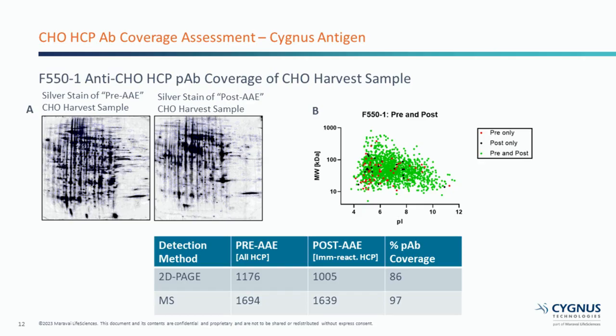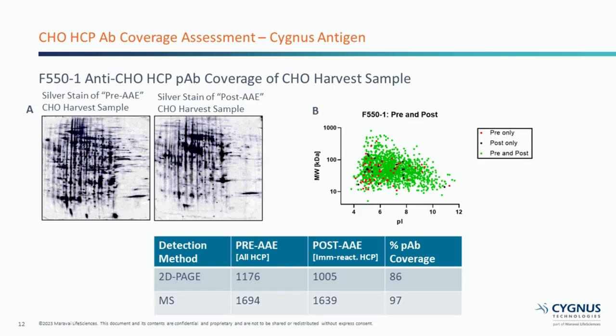Those black dots are the proteins that were enriched by AAE and detected by mass spec, which means that they were there before the AAE. They were just below the limit of detection of the method. By AAE, we enriched them, and we know that our antibody reacts with those HCPs as well. So by mass spectrometry, you can see that coverage of our antibody is 97%.